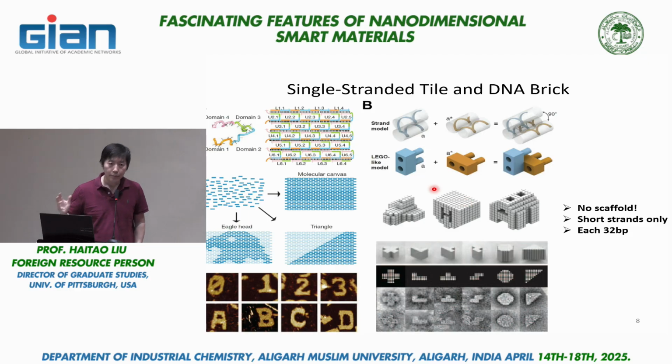Now, this idea can be extended to 3 dimensions, and the only change you need to make is to create another dimension. Here, the 4 domains would recognize each other, but only within the same XY plane. What you can do is play a little trick to make the DNA sequence turn 90 degrees after the hybridization.